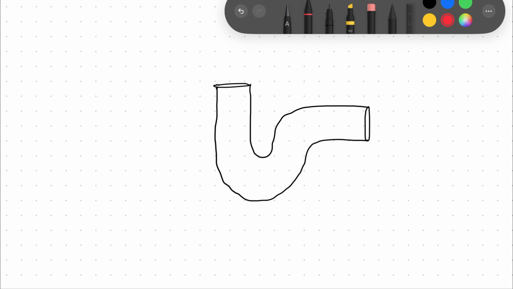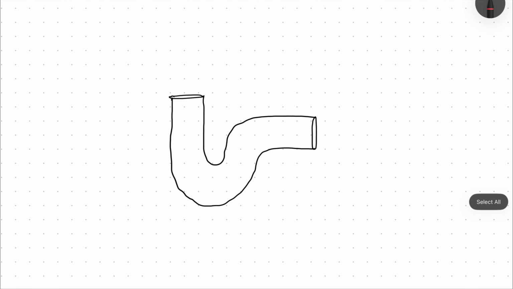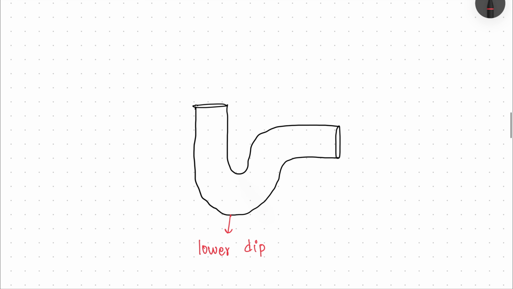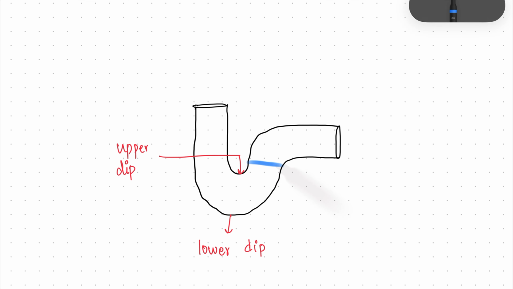And imagine this is a P-shaped trap. I'll talk about the shapes later. But there are different parts of a trap basically. So this is your lower dip. This is your upper dip. And of course you have your water seal. So this is your water seal.